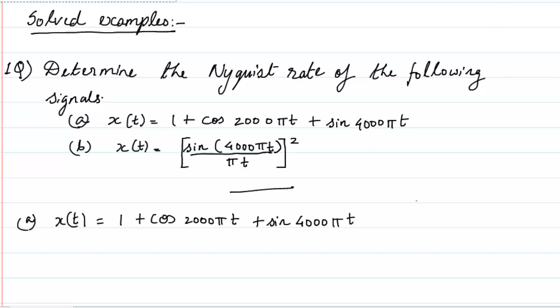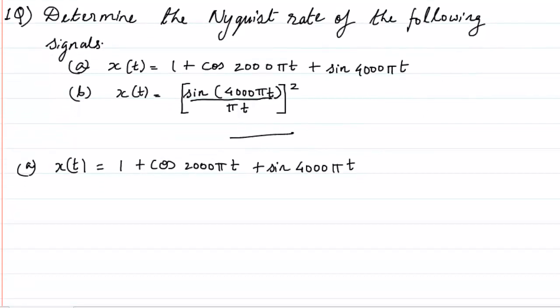There are two methods that we can use to solve this. It's not a very complicated problem. Let me use the first method. In the first method, we take each signal individually.